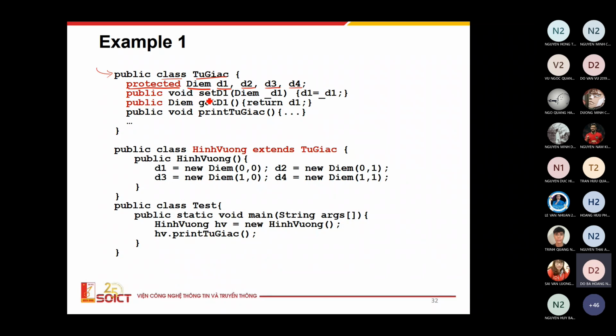And we have a set D1 method with a return type of void.